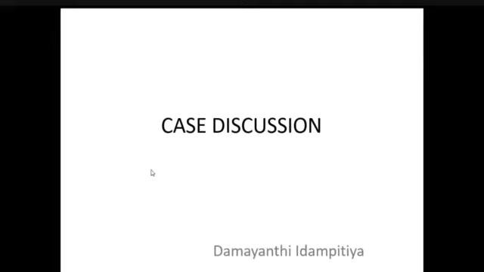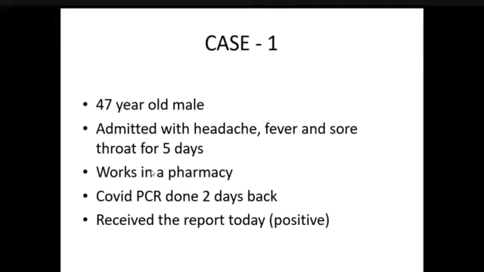Okay. So I'm going to discuss a few short cases with regard to COVID-19. First case is a 47-year-old male admitted with headache, fever and sore throat for 5 days. He works in a pharmacy and had a COVID PCR done 2 days back and received the report today.